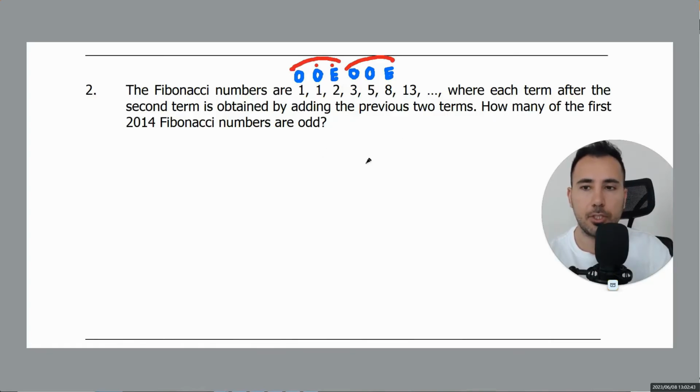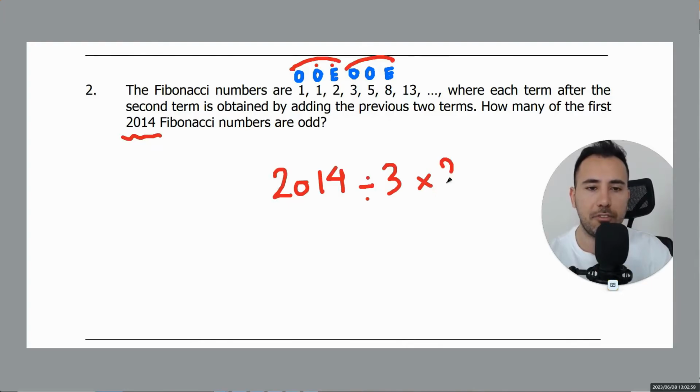So with 2014, if we could divide it by 3, we would find how many groups there are. From each group, 2 of them are odd. Can we do it? No. Why not?